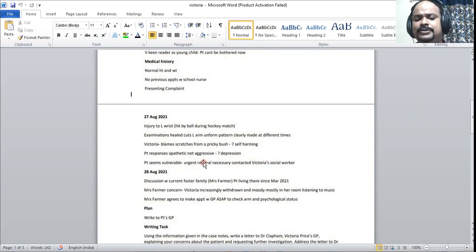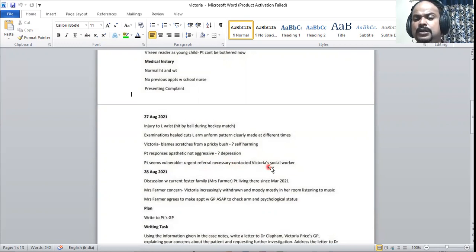She's not angry, she's not showing that much emotion. She has a neutral, subdued mood. It's a sign of depression, so we suspect her to have depression. The patient seems vulnerable.